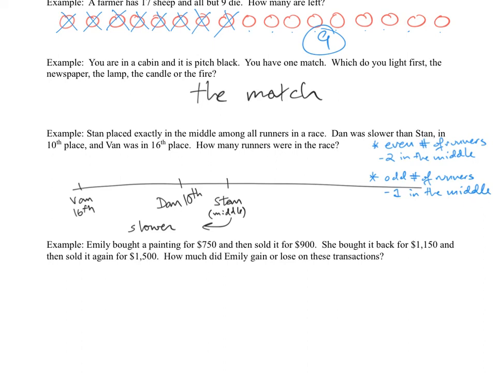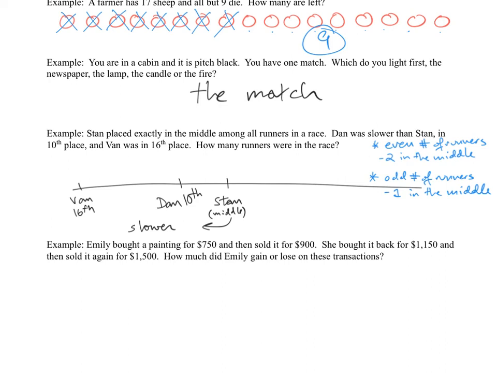So if Stan is in the middle and we make Stan 8th place, 8th would be exactly in the middle. That means there would be 7 people in front of him and 7 people behind him. So there'd be 7 and 1 is 8 and 7 more is 15. That means Van could not have even been part of this race.